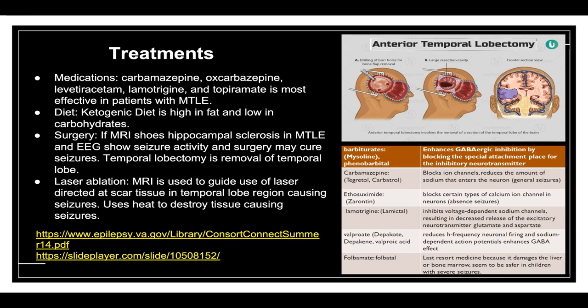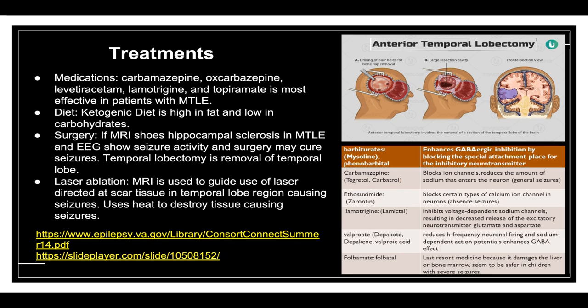Another thing is surgery, if MRI shows hippocampal sclerosis in MTLE, or mesial temporal lobe epilepsy, and EEG shows seizure activity, surgery may cure seizures.